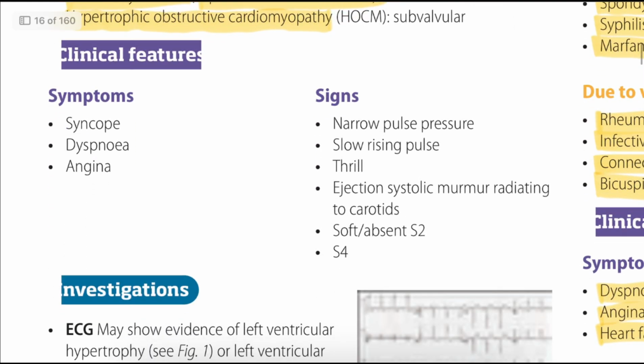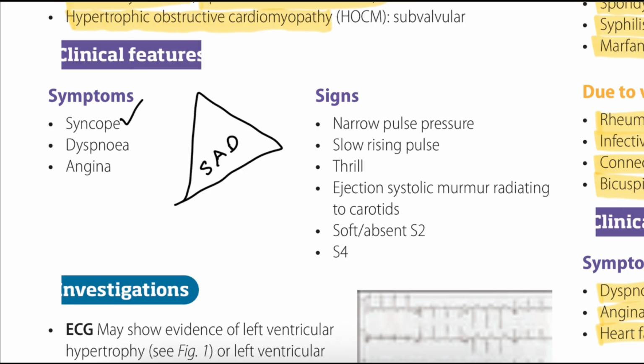So we have one classic triad for aortic stenosis, which we call SAD. S means syncope, A means angina, D means dyspnea. So this is the main triad we have, and the mnemonic is SAD. The clinical features are exertional chest pain, syncope, breathlessness, and heart failure.